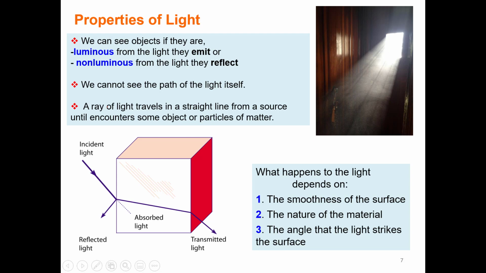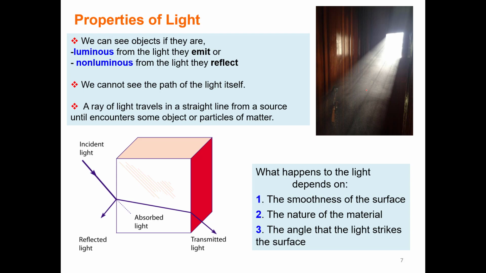This is why rays travel in a straight line, as we can see clearly in this picture. The light travels in a straight line until it interacts with some matter.